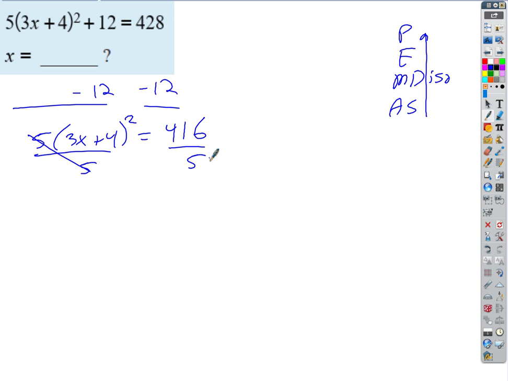So now, when I square root both sides, what's going to happen? 3x plus 4 equals plus or minus square root of that. So we've got to simplify that. What's going to be the square root of 416?